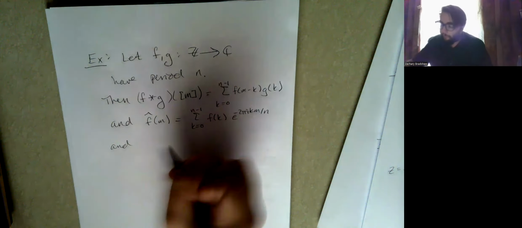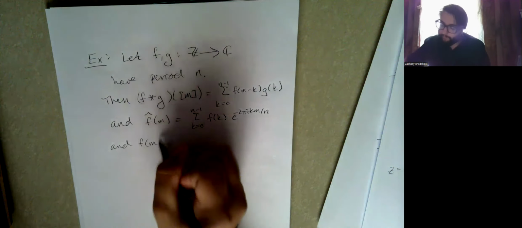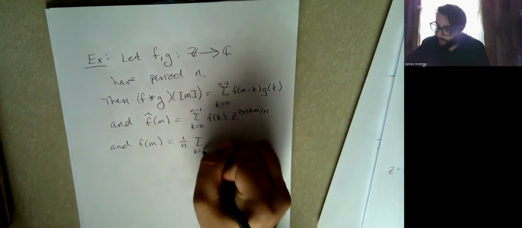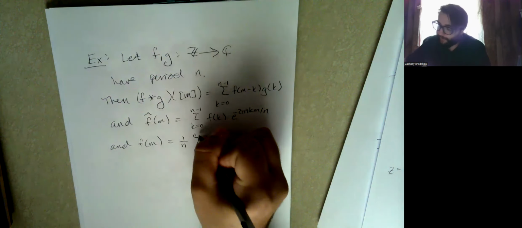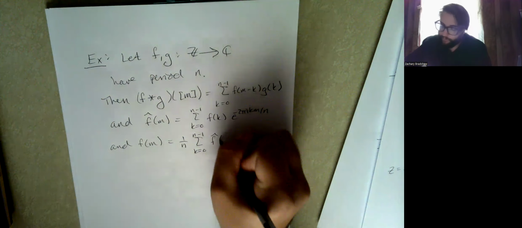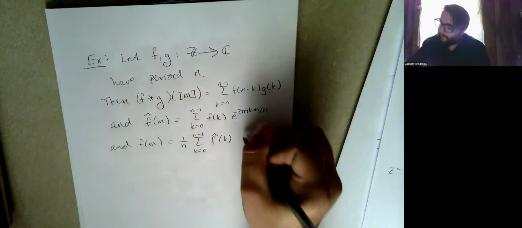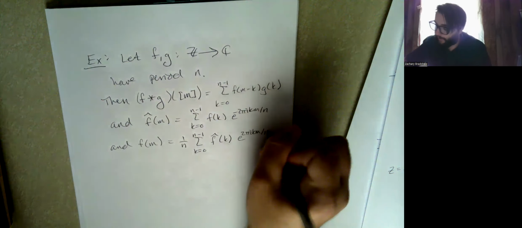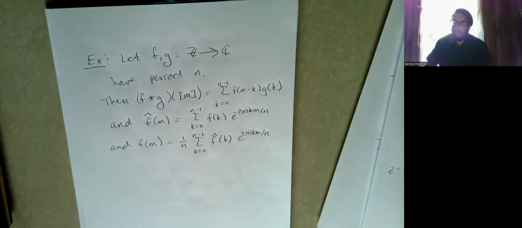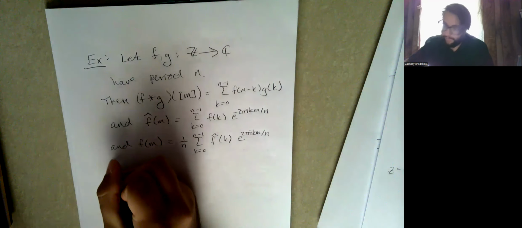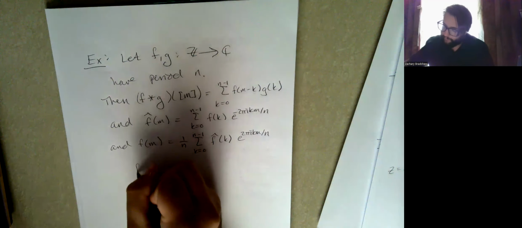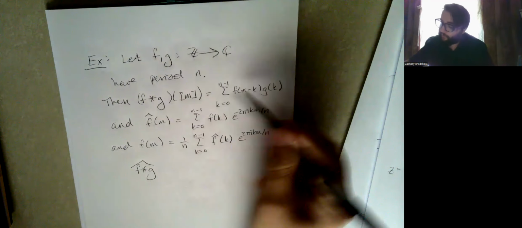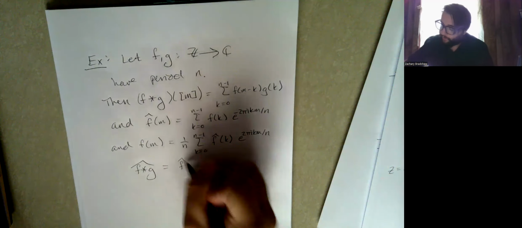And we can write f as 1 over n, by the Fourier inversion formula, the sum from k equals 0 to n minus 1 of the Fourier transform evaluated at k times e to the 2 pi i k m over n. And by the convolution formula, the Fourier transform of this convolution is given by the product of the Fourier transforms.